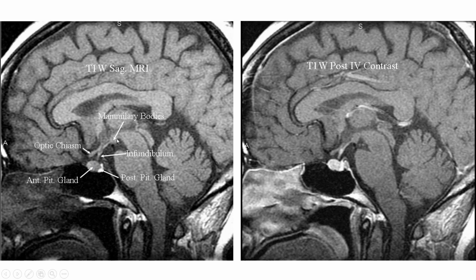You can see the mammillary bodies, which we usually see on a midline slice. And then after you've given the patient contrast, the pituitary gland and the pituitary stalk both enhance, as well as the venous sinuses, which we will talk about later in the unit, as well as the nasal passages and other areas within the brain.